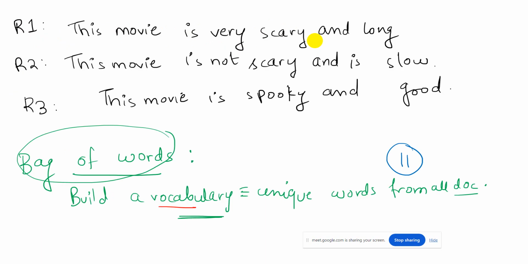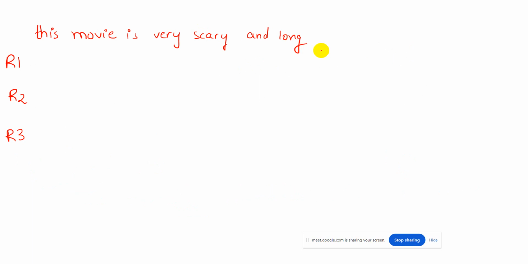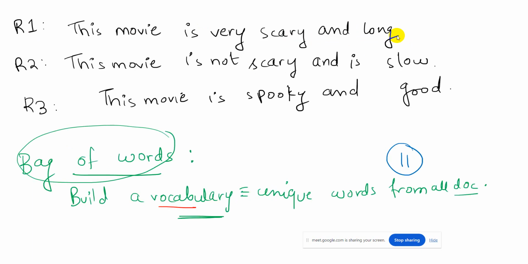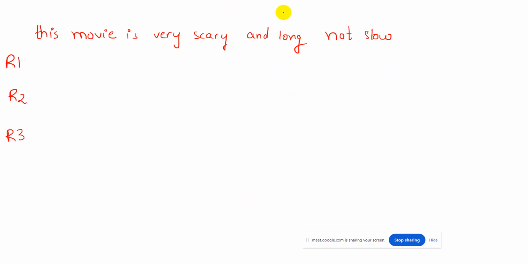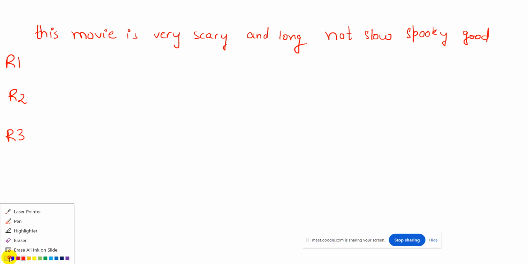What did the other review say? Not. What words are unique to this review? This, movie, is have already appeared. Scary and is appear. Not and slow are new, so you write these two. From the next review, you write spooky and good, because all the others appeared already. Is this point clear till here? You just have to pick the unique words.